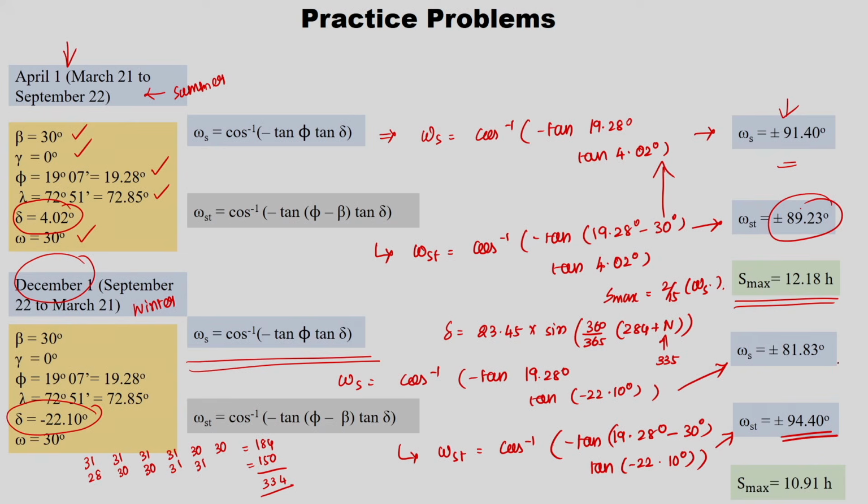So, S max is calculated for the lower value of omega s, which is plus or minus 81.83. Here the horizontal surface formula works fine, but when you are calculating for summer days, then we are supposed to calculate it exactly for the tilted surface.